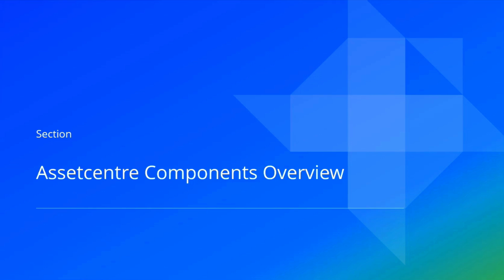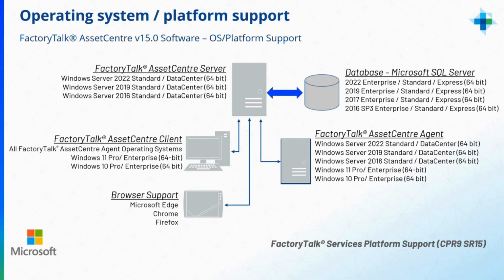So now, covering all those main capabilities, I want to cover the Asset Center components that make an Asset Center system work. So here's a high-level view of the different components within an Asset Center system. At the core of the system, you've got your Asset Center server, which you can imagine as the brain of your system.